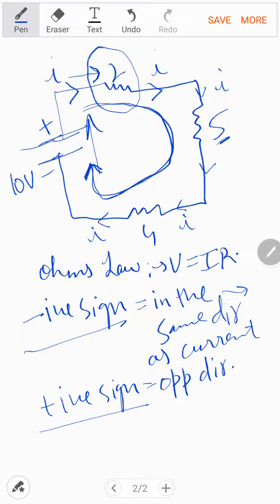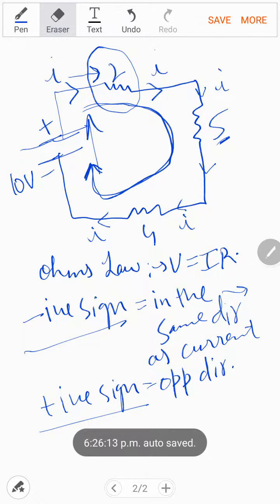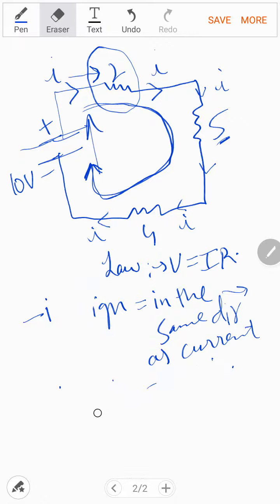Further, we will move toward the circuit, and just remember Ohm's law, that is V is equal to IR. Negative sign when we are moving in a clockwise direction and the current is in the same direction, and positive sign when the current is in the opposite direction.